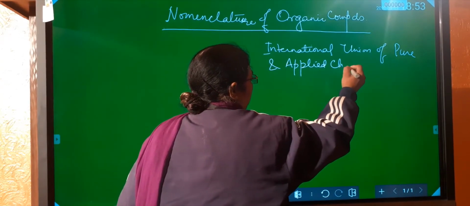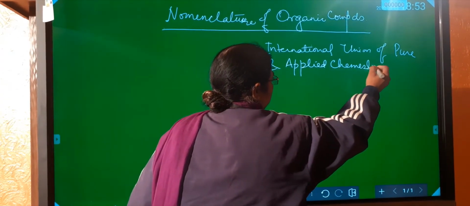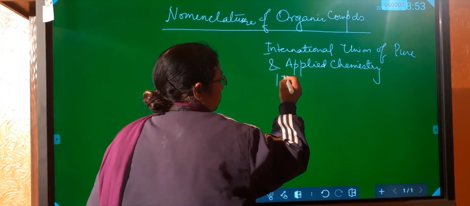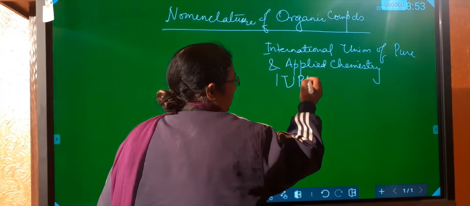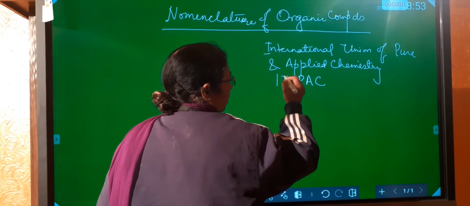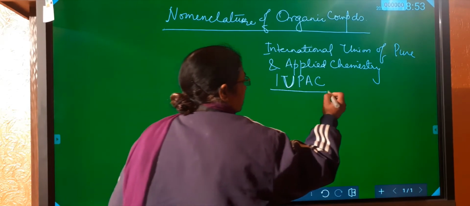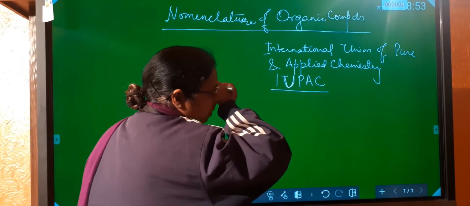We call it IUPAC. This is the body which keeps the names and sets up the rules.